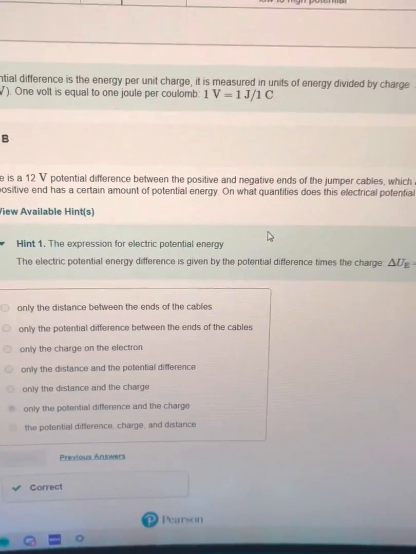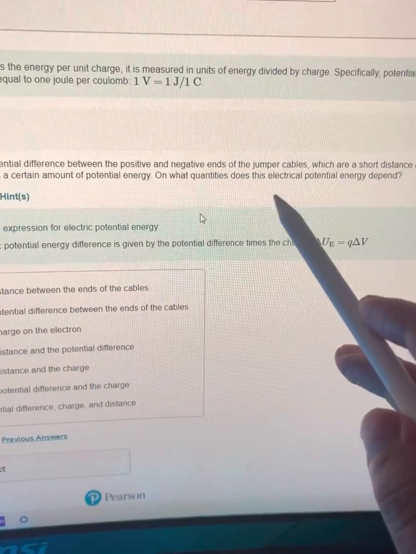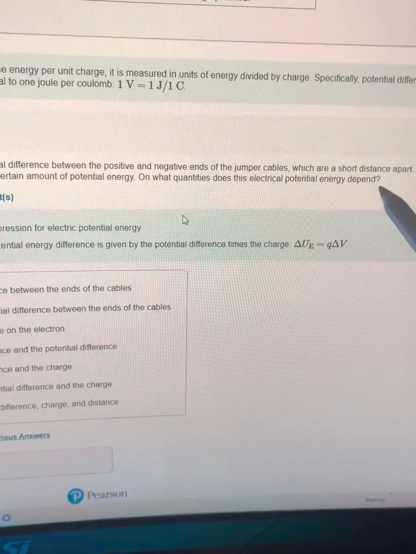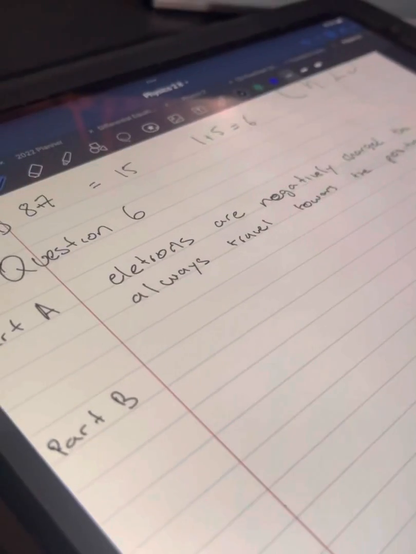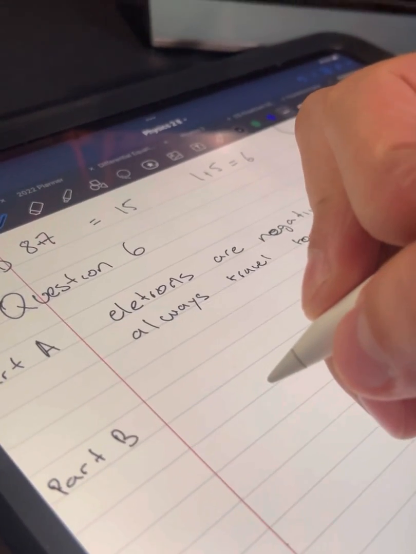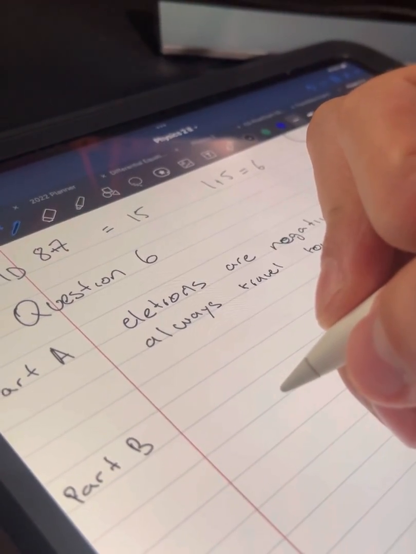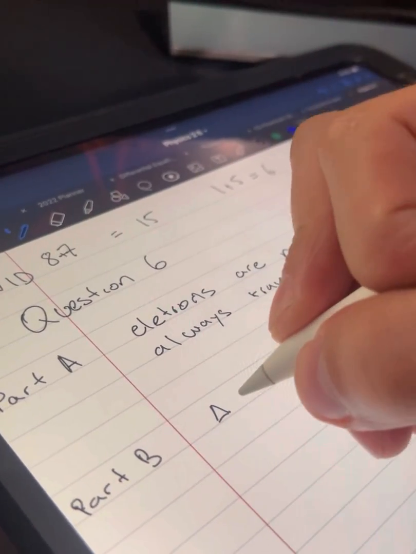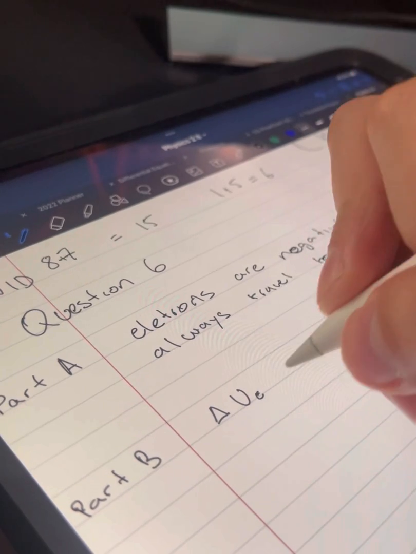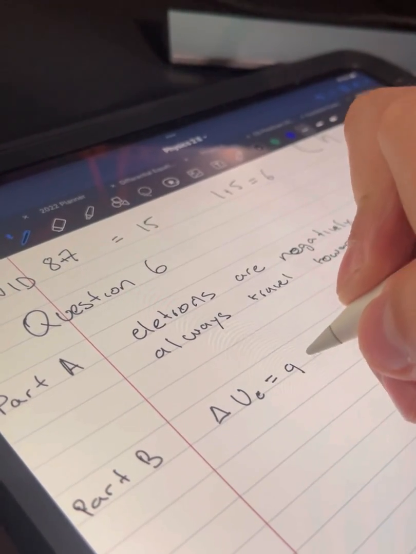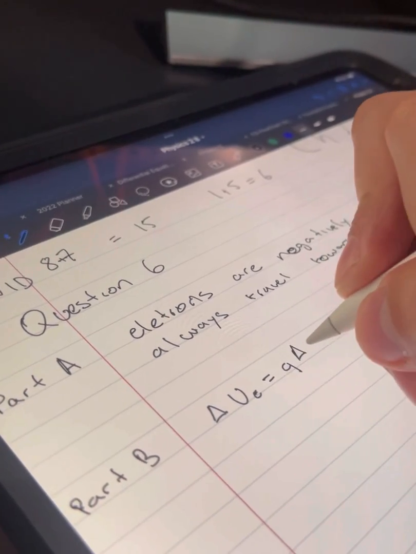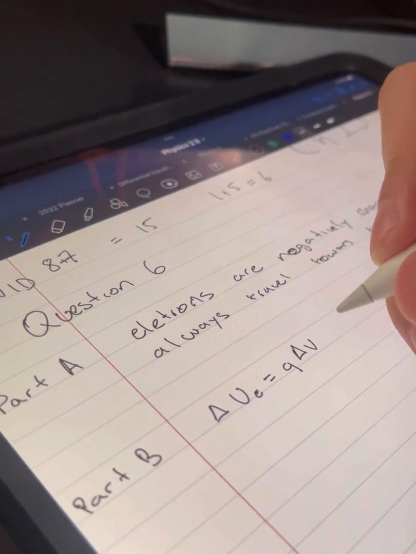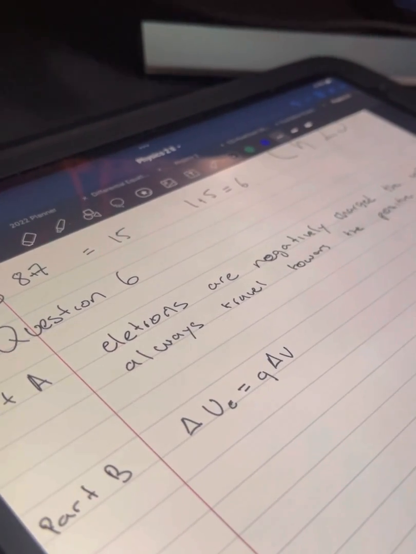For part B, we're asked, on what does the electrical potential energy depend? The formula for the electric potential energy is delta UE equals charge times delta V, which is the potential difference.